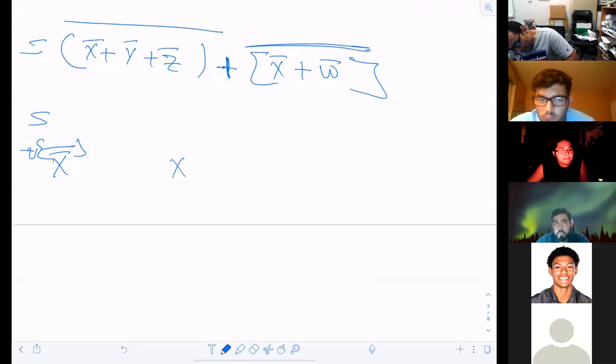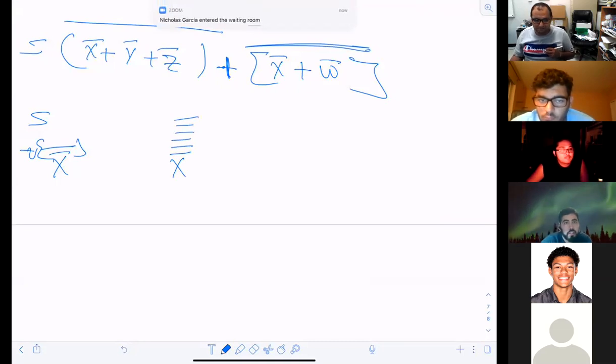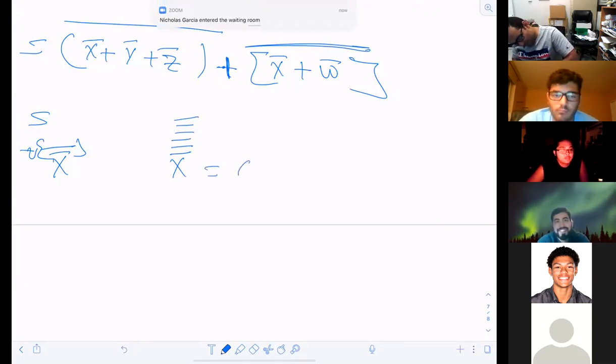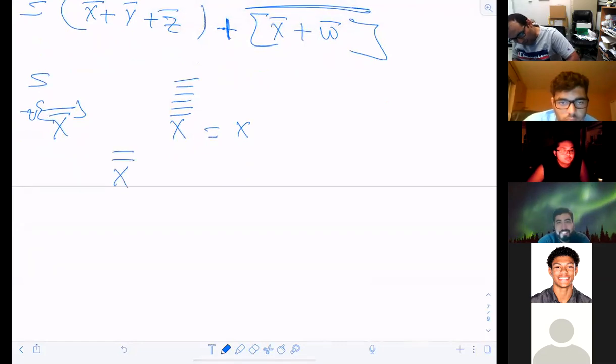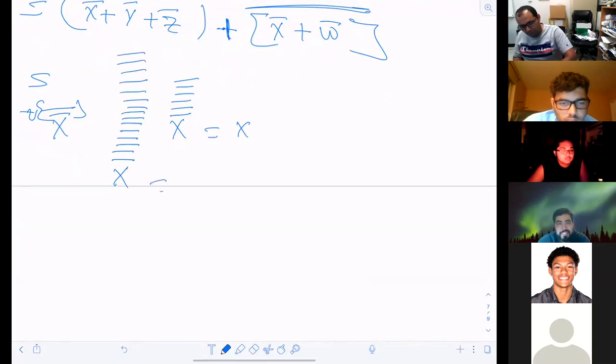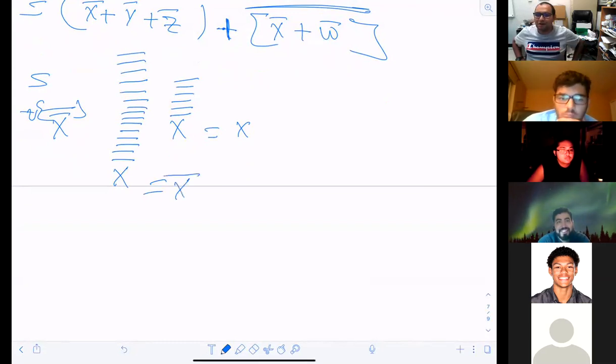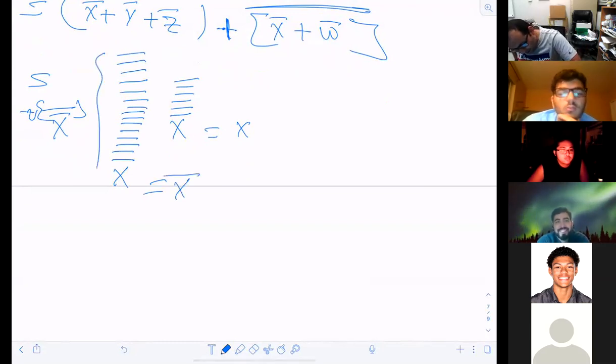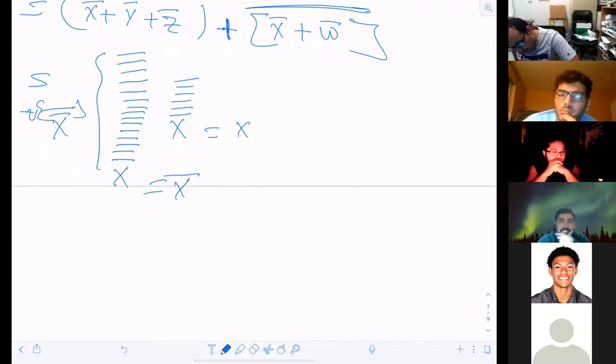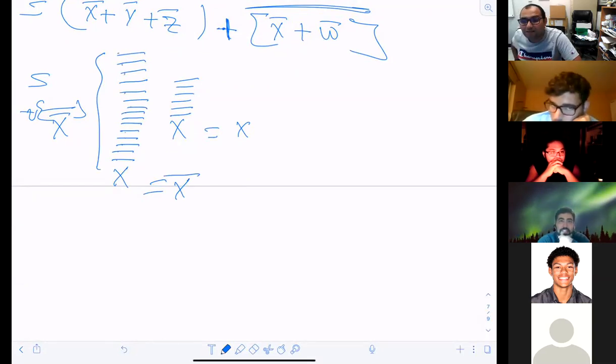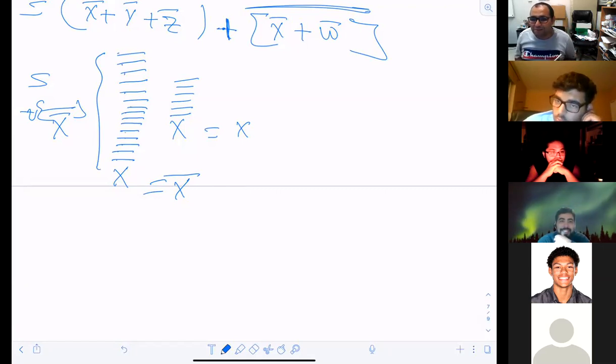So x with 6 complements, what is the output? X. If x has 15 complements, the output will be x complement. Why? Count those: 1 to 15, odd. 14 will make it x, number 15 will make it x complement.